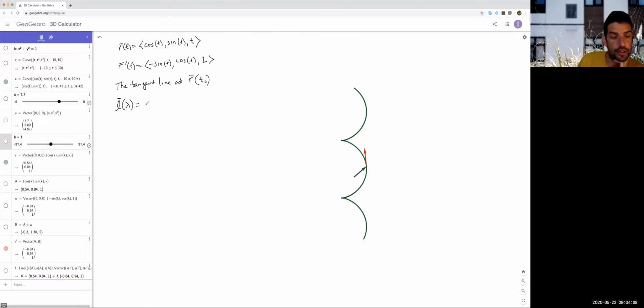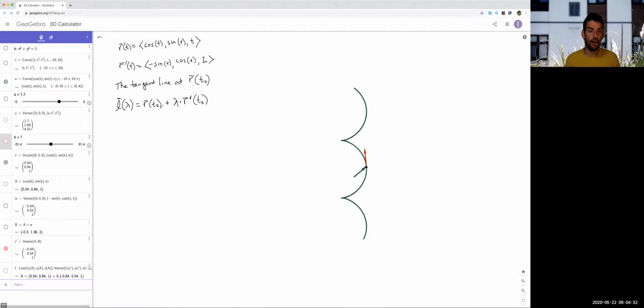To create the tangent line, we start with the vector r of t naught, which is like picking a particular point on this curve. Then you add lambda times the vector r prime of t naught. So what is this going to do? Well, r of t naught is the green vector, and then we're adding to it a scaled version of this red vector.